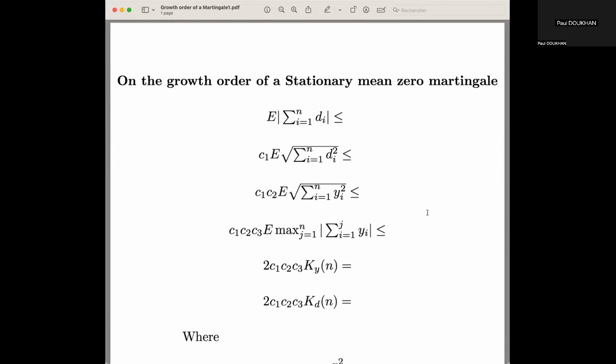Okay. And so now this is less than or equal to 2 C1 C2 C3 times K of n. Where K, this is where my advisor comes in, K is a function that gives you the L1 norm or the Lp norm of a sum of independent variables.